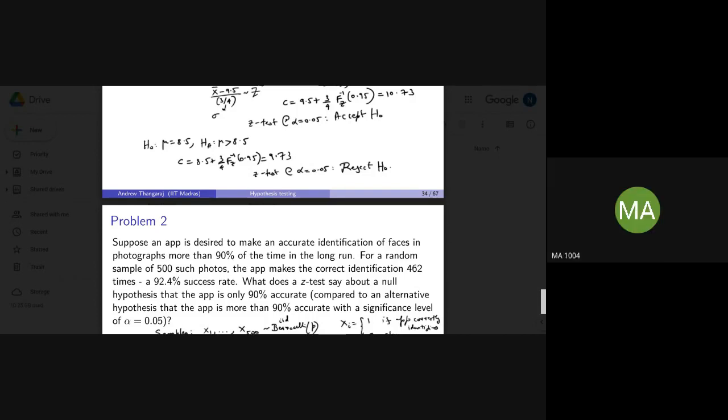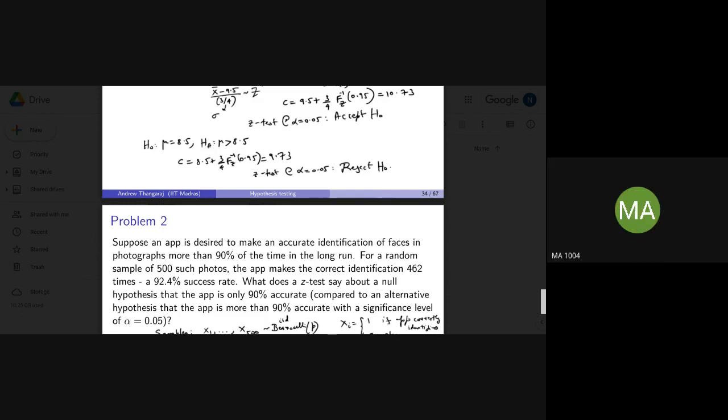Okay, find the critical value C in this case.